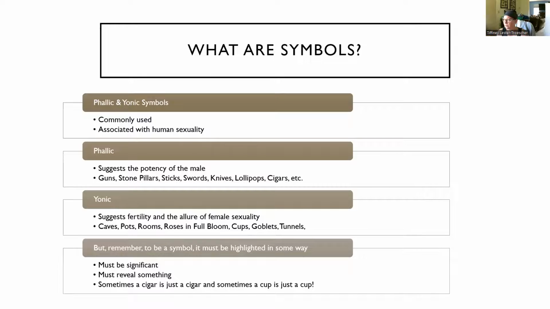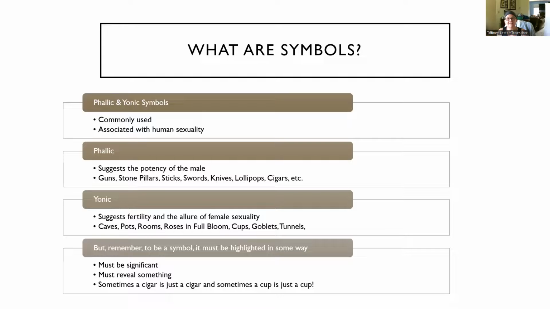But we will have symbolism in every single story that we read. If you feel like you have picked up on any phallic or ionic symbols, make sure that you share that in the assignment that you're given for that story. I'm interested to see what you think, because there are guns in one of them, and mention of flowers in another.